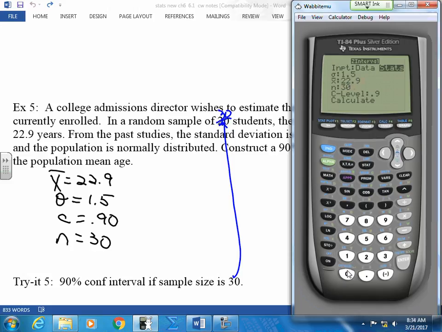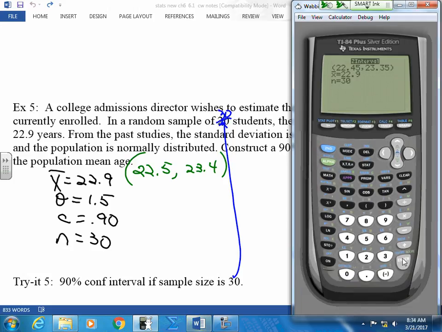I want you to use the 30. Calculate 90, calculate. So what did you round this to? 22.5, good. And 23.4, good. Again, your mean is 1 decimal, so make your interval 1 decimal.